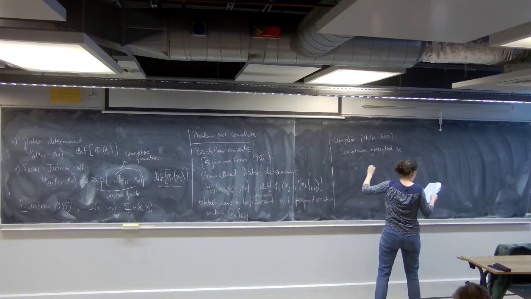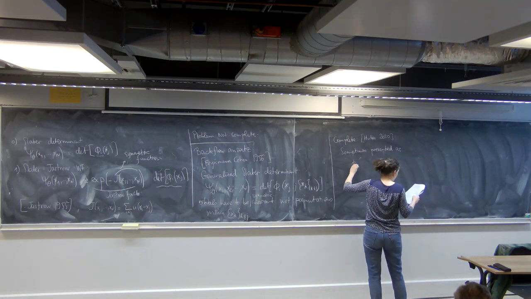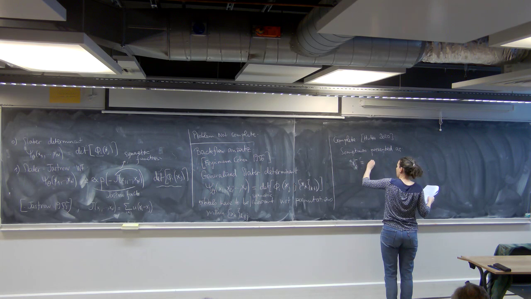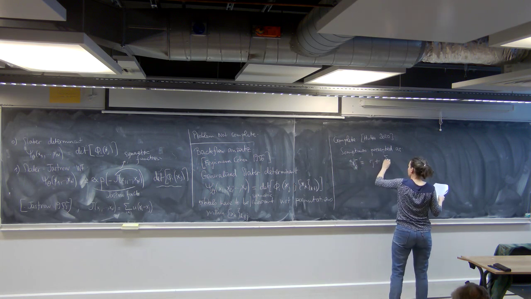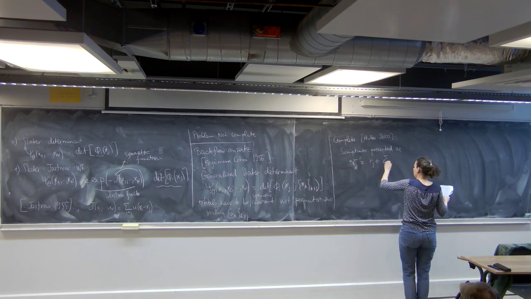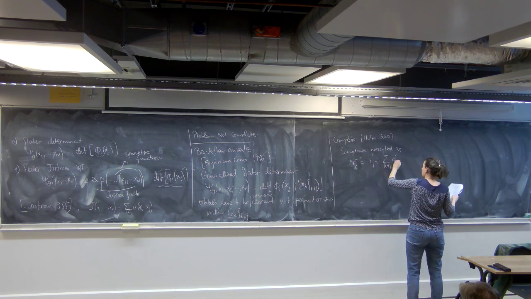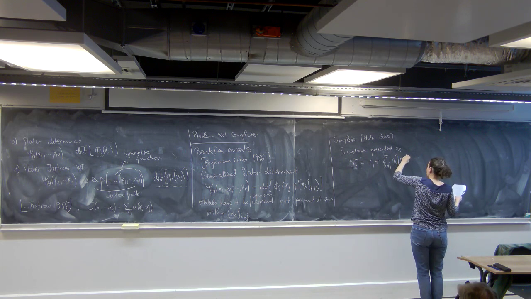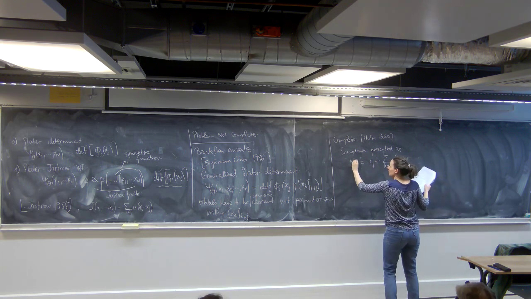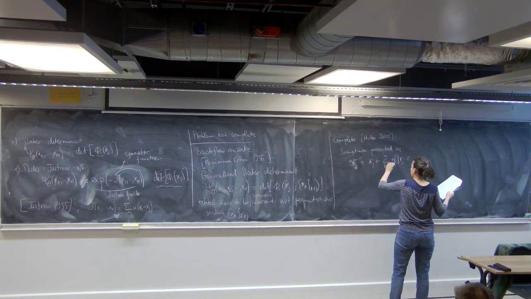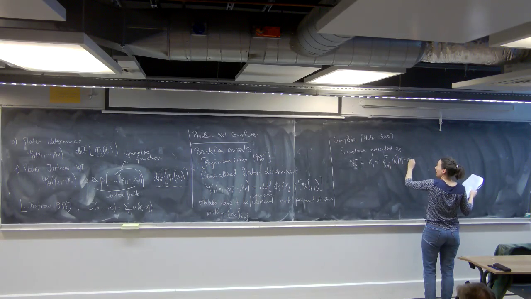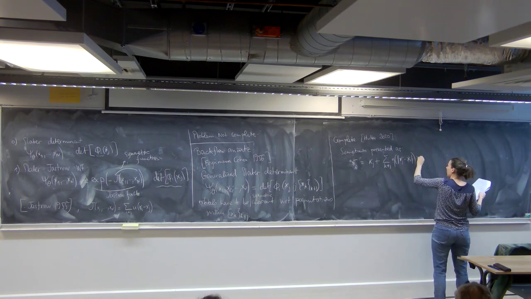So you define Rj bar, which is Rj plus some kind of sum over k not j of some function of xj minus xi times xk.